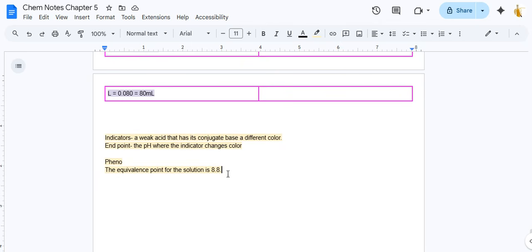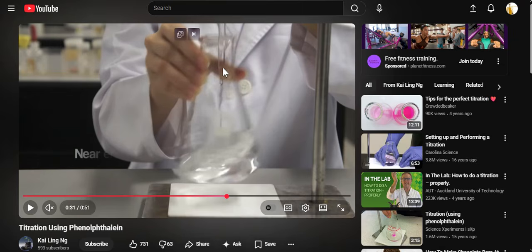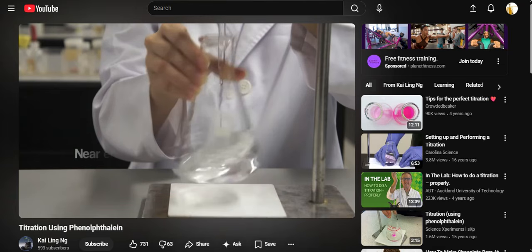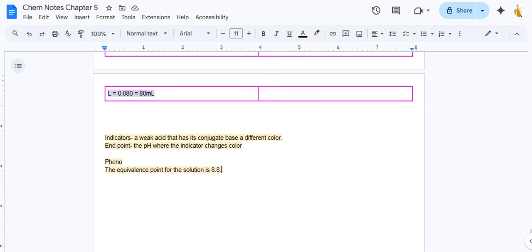So we want to add the base to the acid until we reach the equivalence point, until we reach a point where the pH is 8.8.